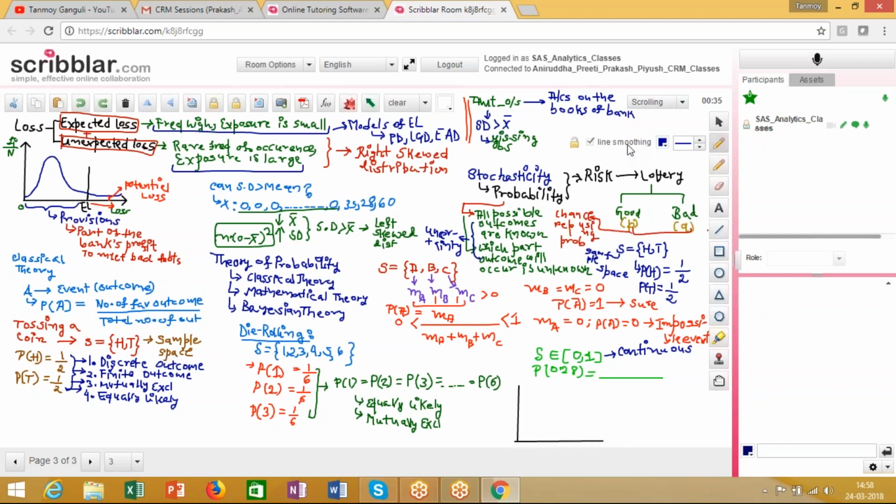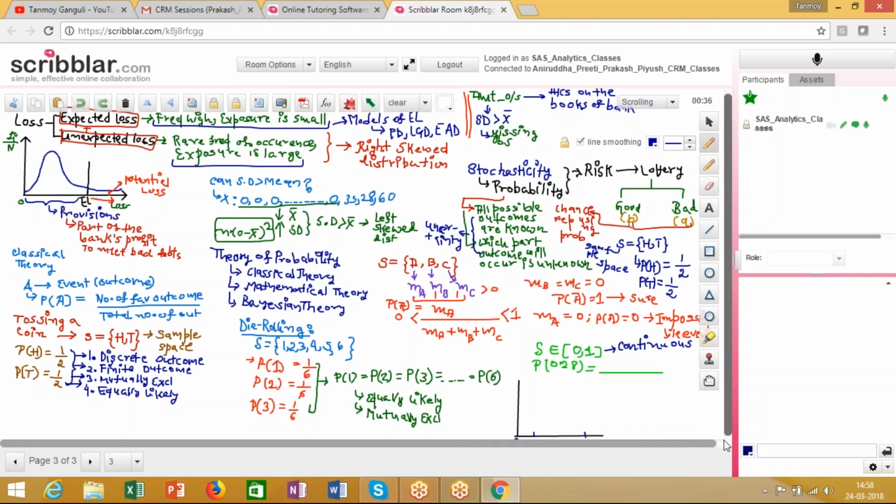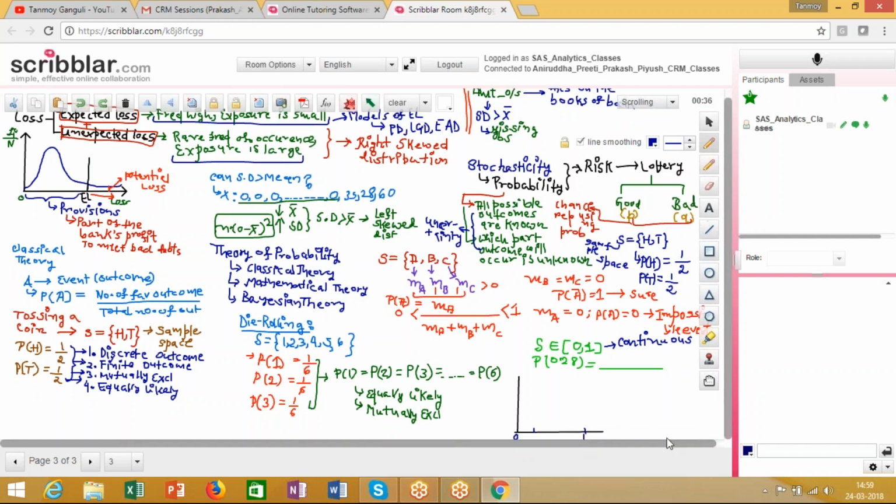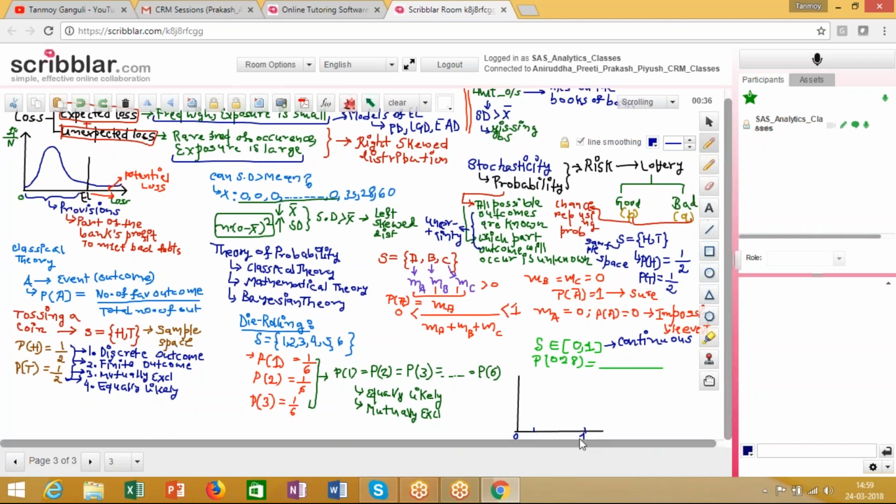Say this is 0, and there is 1, and over here is 0.28. So this is the probability of a point.